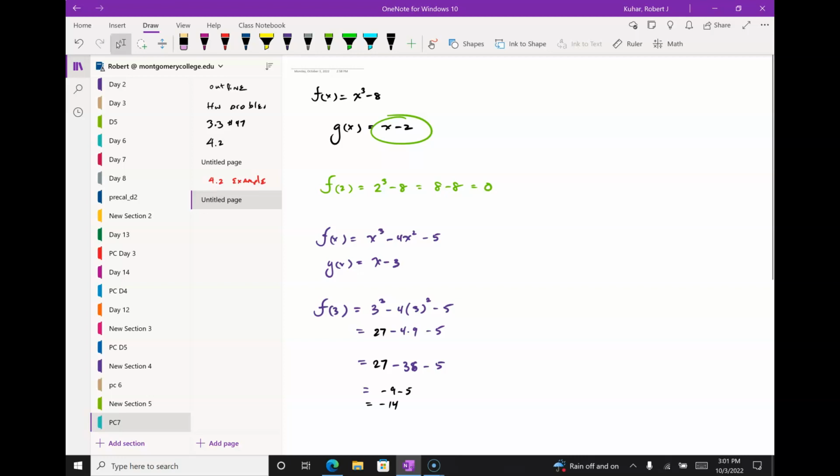If what I'm dividing by is mx plus b, I'm always going to do synthetic division. Okay, we good? So synthetic division, here we go. Put the seatbelts on.